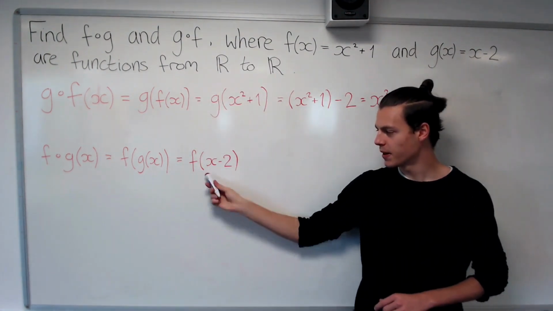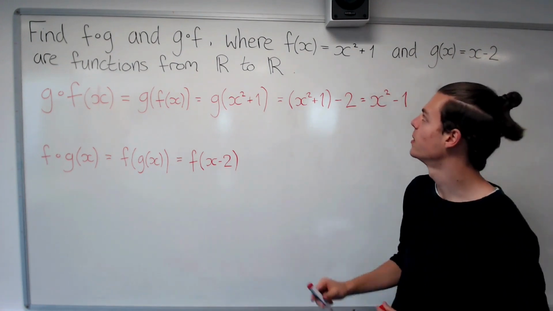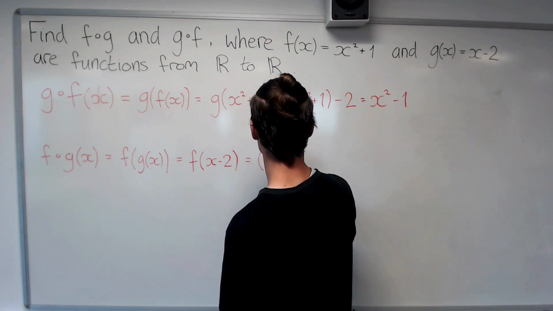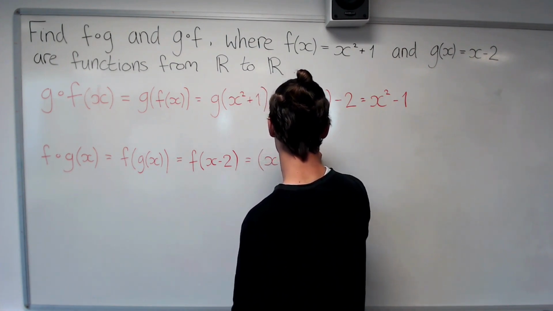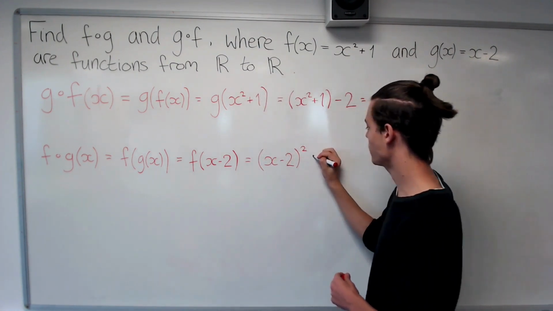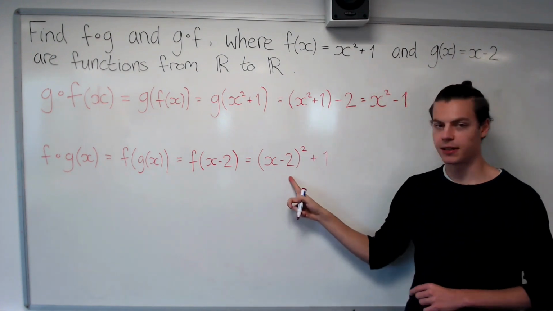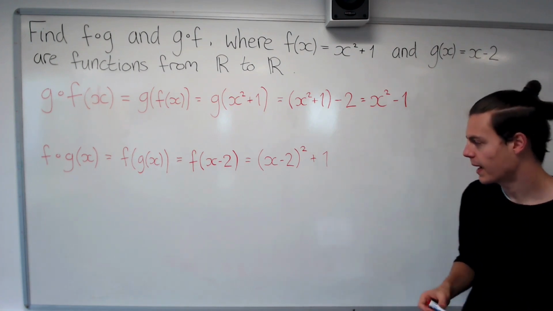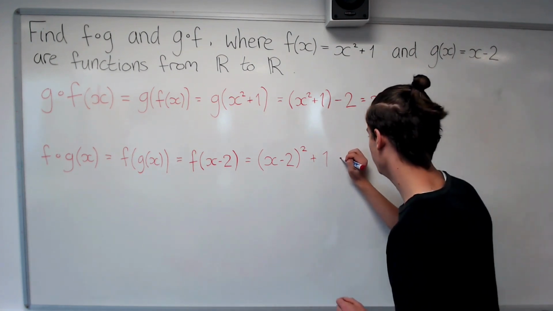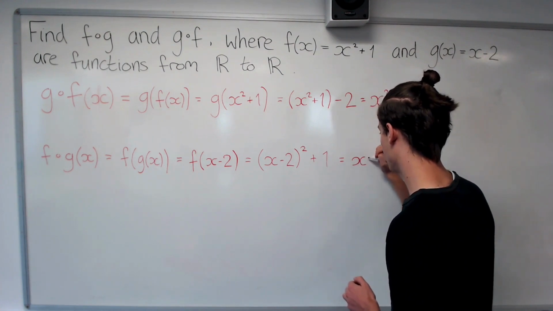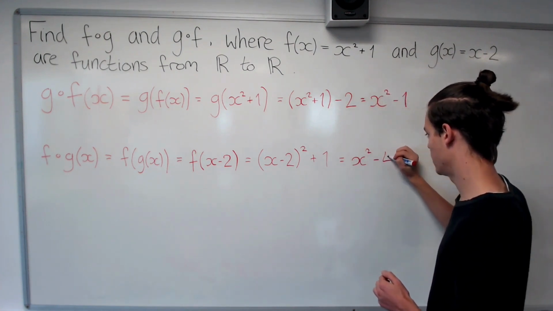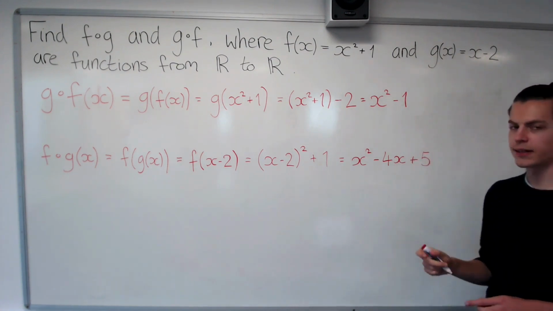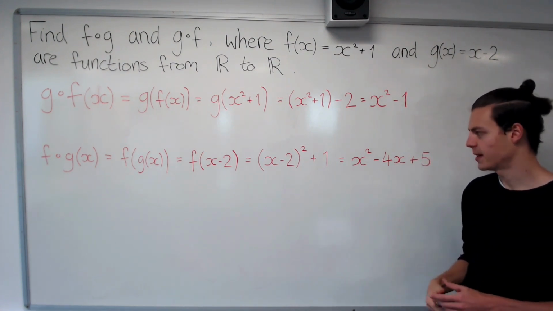And applying f to the value x minus 2 gives us (x minus 2) squared plus 1. And this can be simplified to give x squared minus 4x plus 5.